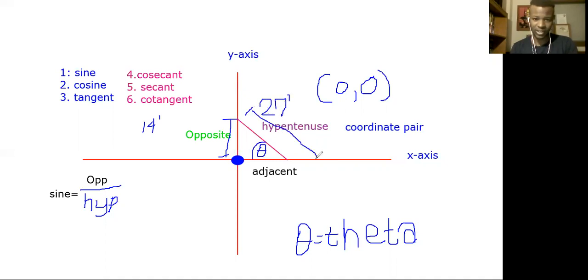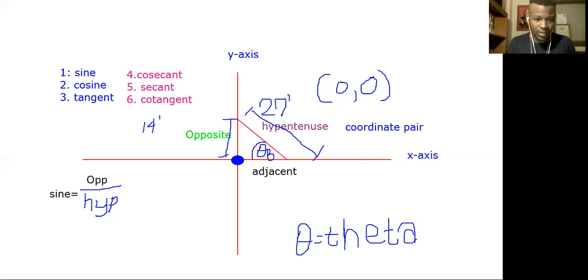I don't know if that's to scale or what. I'm just throwing out random numbers. If I say, what is the sine of angle, okay, and instead of calling it angle theta, let's call it angle B. What is the sine of angle B? The sine of angle B in this case is 14 over 27.